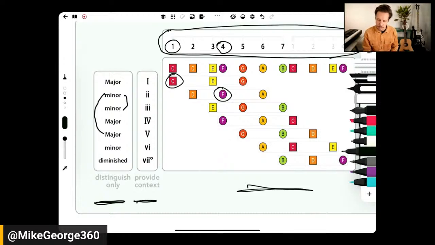Then you have Roman numerals that, like the Arabic numerals, provide context. Now you know that 1 and 4, there's a harmonic relationship. There's an interval between the root notes of those chords that has some meaning. That meaning, however, can be obscured or difficult to discern with traditional symbols only, like Arabic numerals or Roman numerals or letters or major.